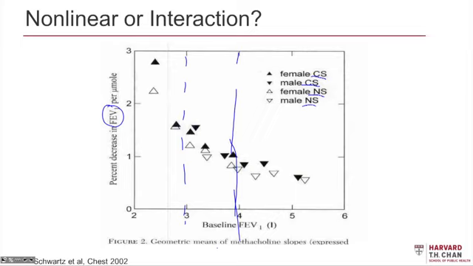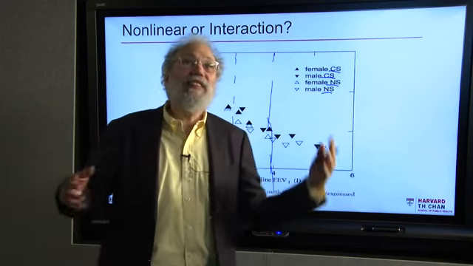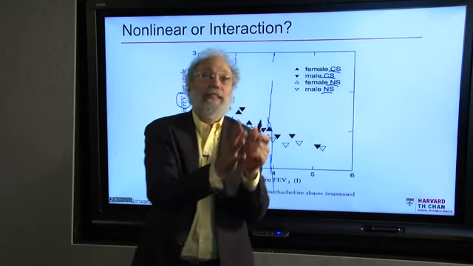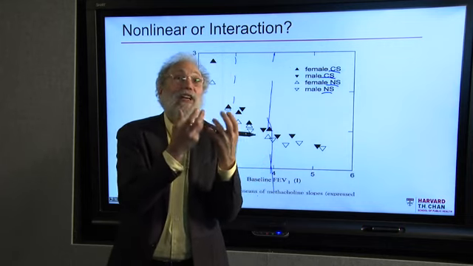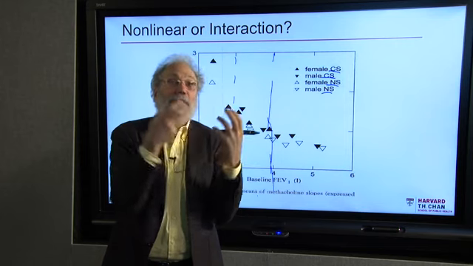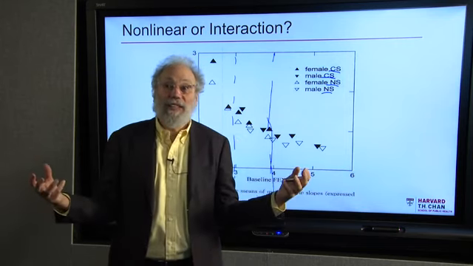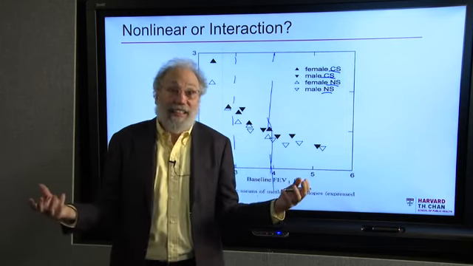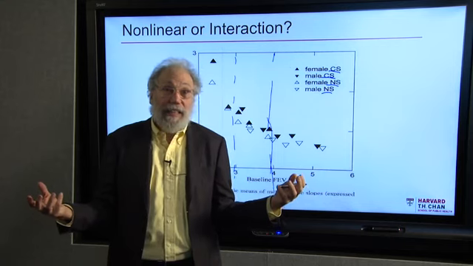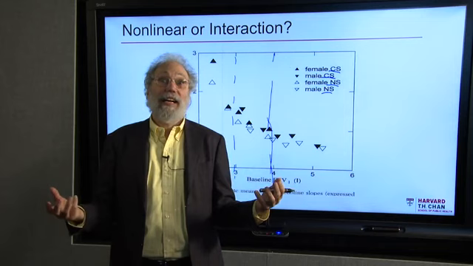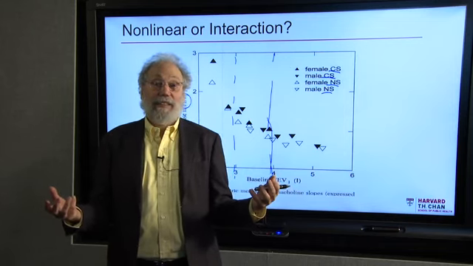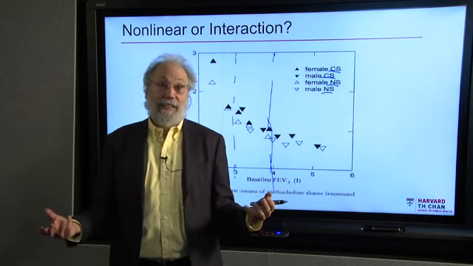All the people with baseline lung function more than 4 liters are men. If the relationship between response to this allergic irritant depends on how big your lungs are in a nonlinear way, and I look for a linear interaction, I'm going to find it.